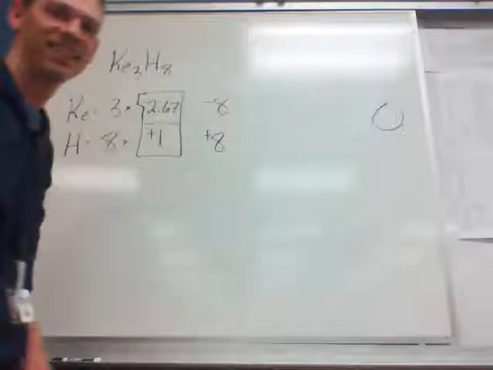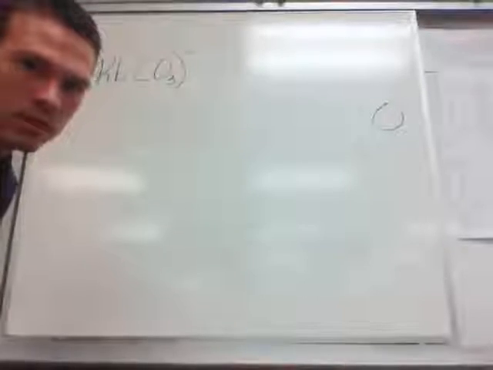Want to see another thing? Yes, you do. Here's a new compound, rubidium carbonate. However, I've changed its charge. Now, we said that our compounds form in order to be neutral.